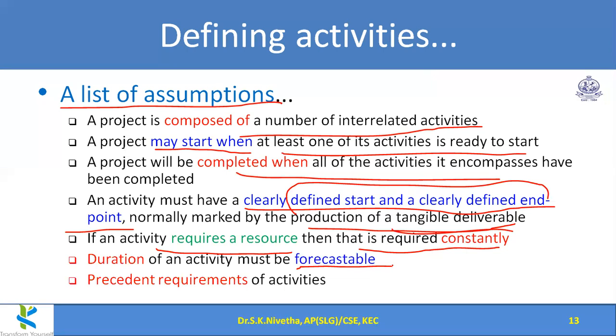For studying network security, the prerequisite should be computer networks. Likewise, for any activity, what are all the precedents, which are all the things already completed or available. Then only this activity can be carried out. Okay, so all these are to be considered while defining an activity, listing out the activities in our project.